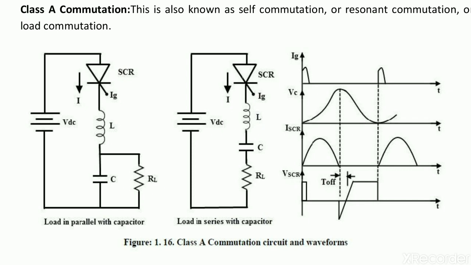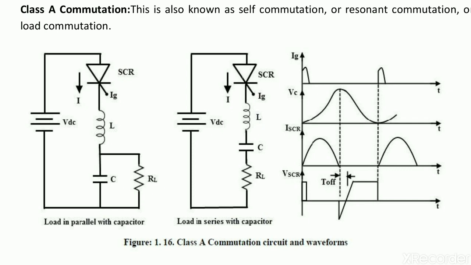So when the thyristor or SCR is triggered, how is the SCR triggered? Through this gate supply. When the SCR is triggered, a forward current flows through the thyristor and it will charge the capacitor. You can refer to both circuit diagrams. The input supply is DC and we are triggering the SCR through this gate terminal.